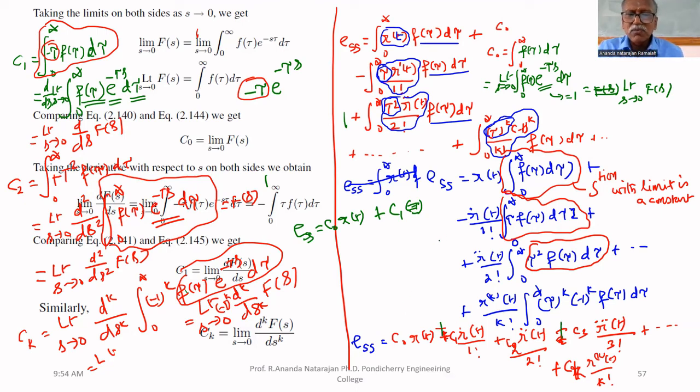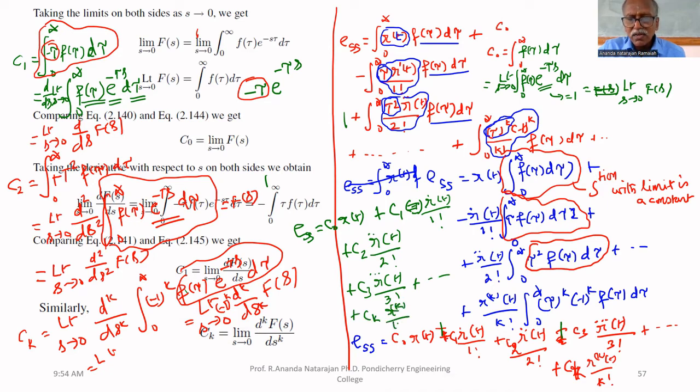Plus C2 R double dot of t divided by 2 factorial, plus C3 R triple dot of t divided by 3 factorial, plus and so on, plus Ck, kth derivative of r divided by k factorial. That's all. We know how to find C0, C1, C2, etc.